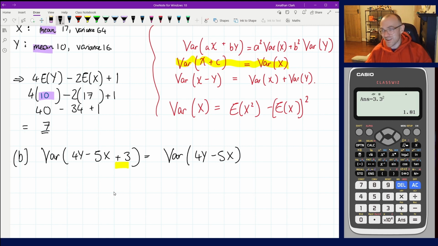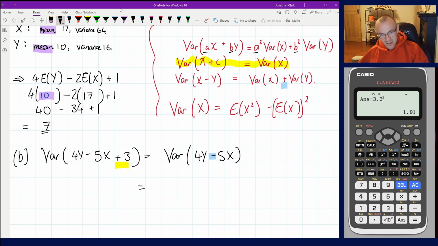That's just gone completely. The other thing I'm noticing is there's a minus in the bracket here. So when I split this up, I'm going to have to add the expressions rather than subtracting them. And of course, I've got constants in front of x and y, and I'm going to have to square them when I pull that out.